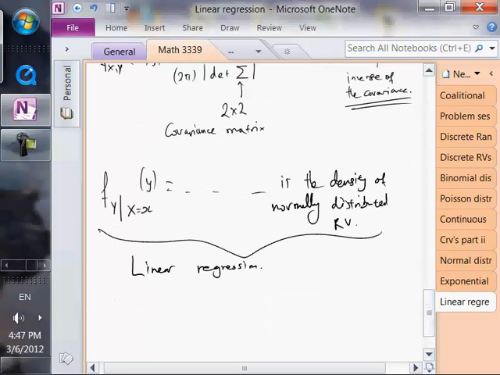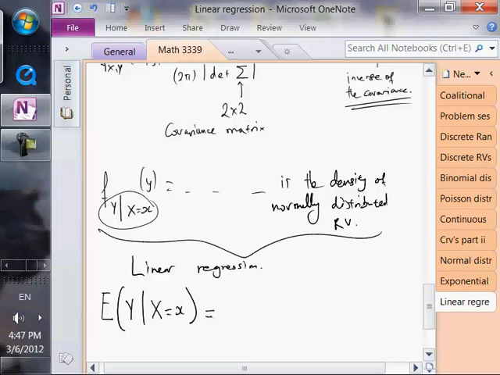Now, as we say, when we condition any one of the two random variables, x or y, with respect to the other, the conditioned random variable has a normal distribution with mean. What is the mean? This is called the conditional mean.